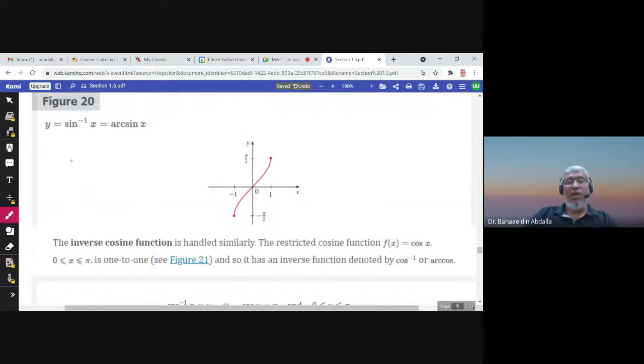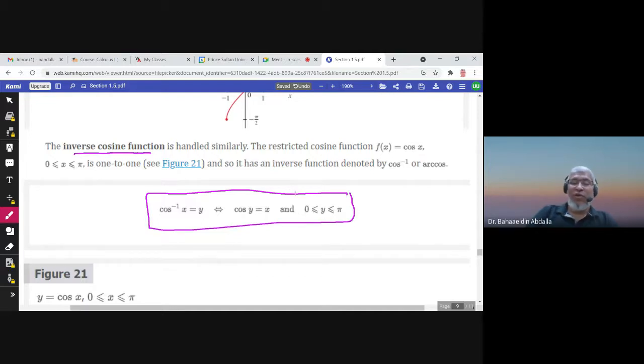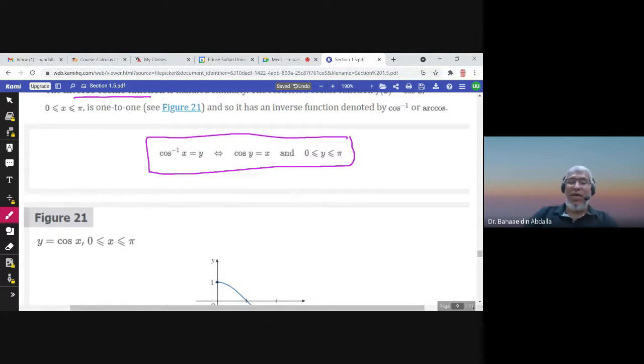This would be the graph of sine inverse. The domain is the range of sine, which is from negative 1 to 1, and the range is the domain of sine, which is from negative pi over 2 to pi over 2. The inverse cosine function would be defined similarly, but the domain here is different, because if we choose from negative pi over 2 to pi over 2, cosine will not be 1 to 1.